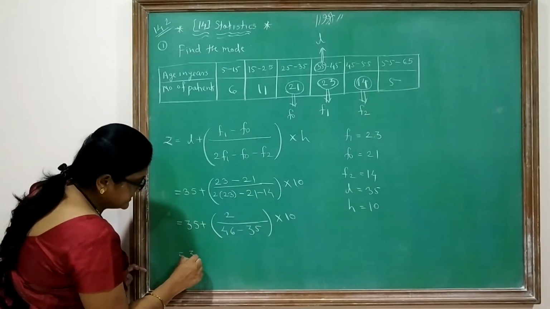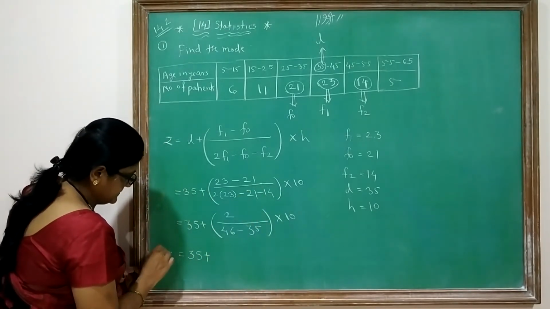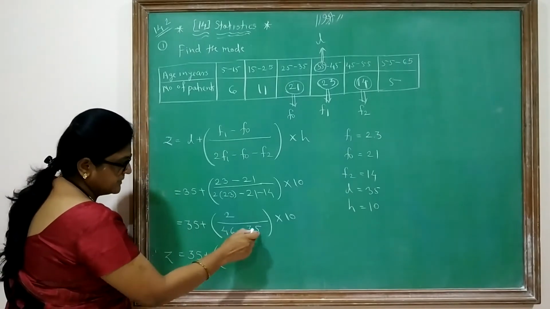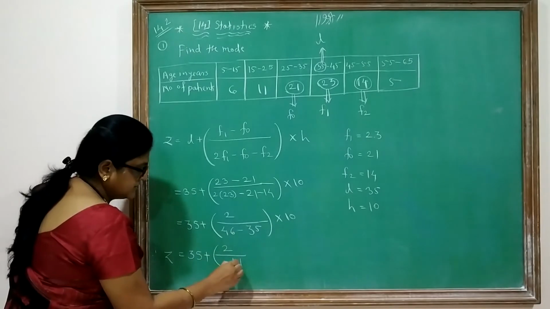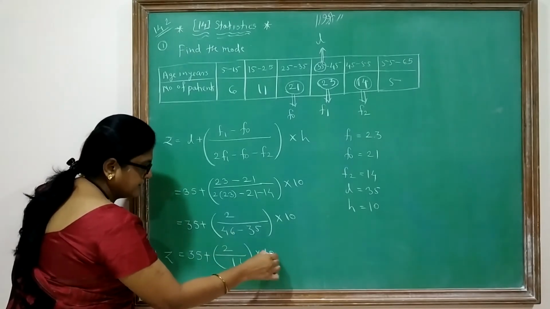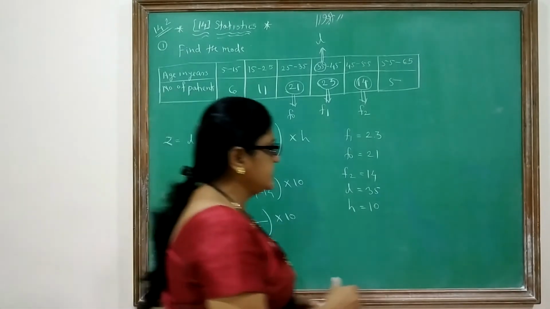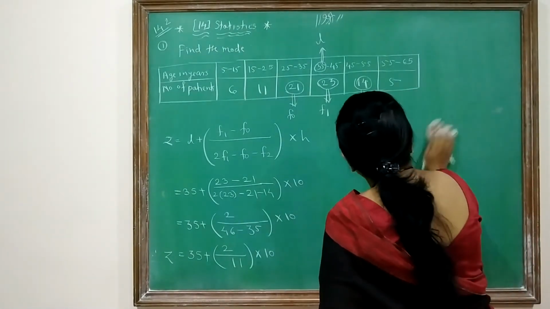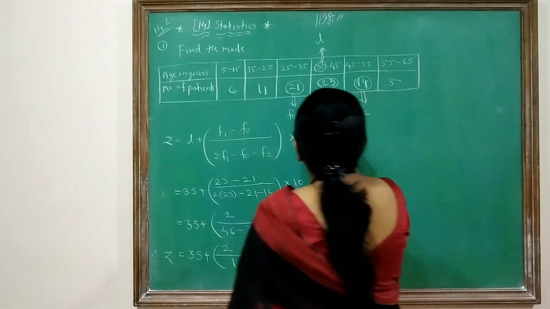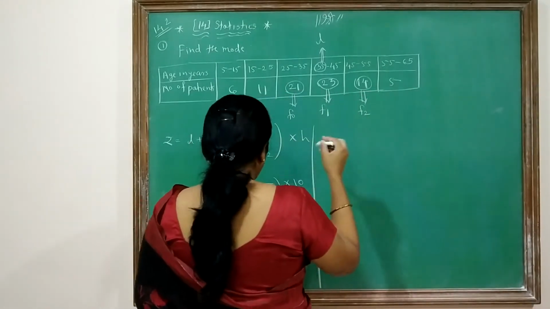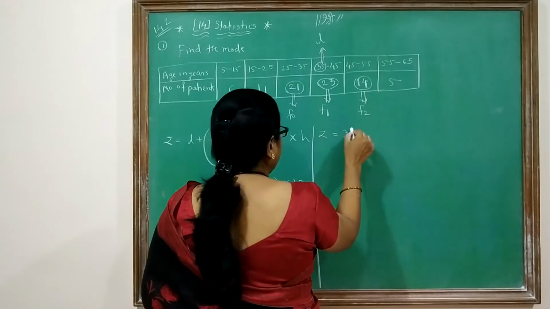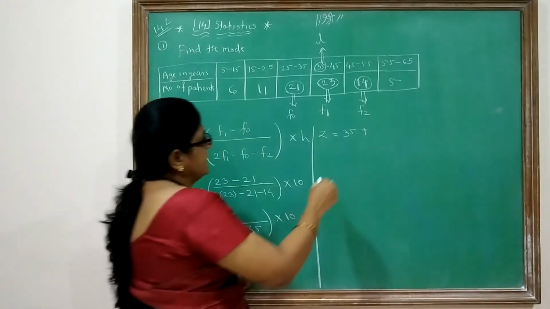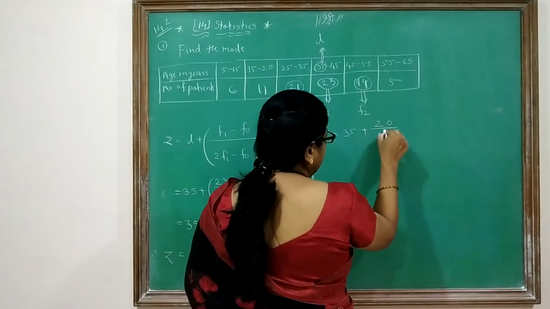So Z equals 35 plus 2 multiplied by 10 is 20, divided by 11.